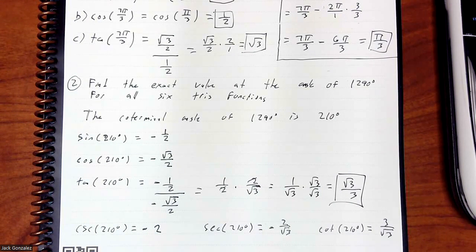Cool on 1 and 2 for 5.2? One last thing for 5.2 is reference angles.